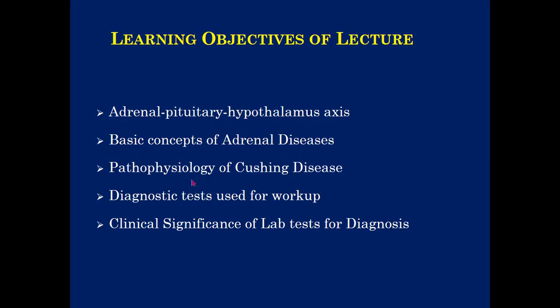Then the pathophysiology of Cushing syndrome with particular reference to its diagnosis and its clinical presentation. Then what diagnostic tests are used for its workup or diagnosis. Then what is the clinical significance of each lab test for the diagnosis of Cushing syndrome?